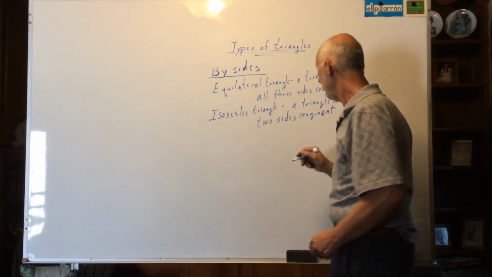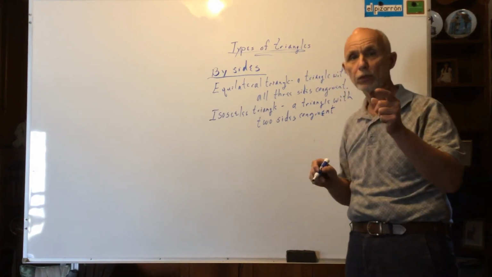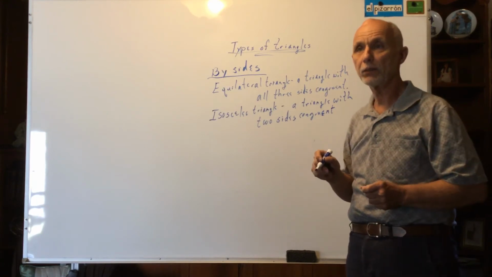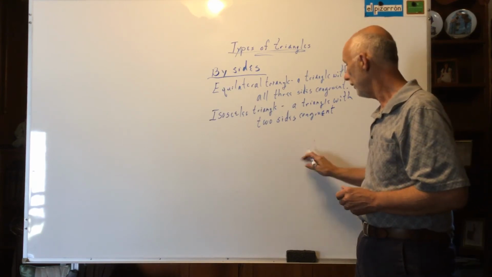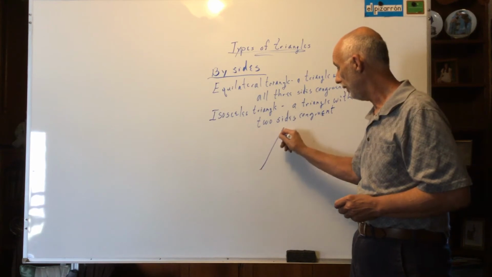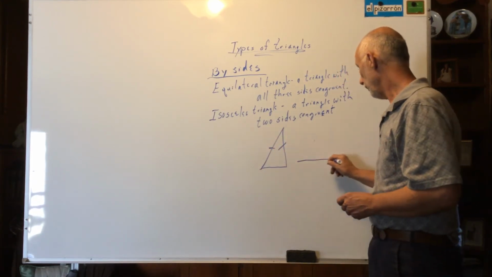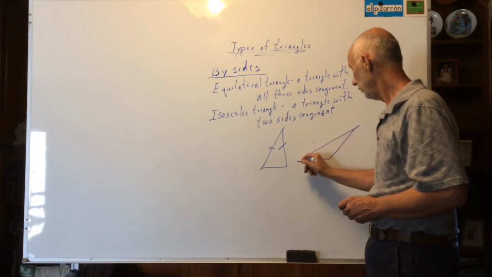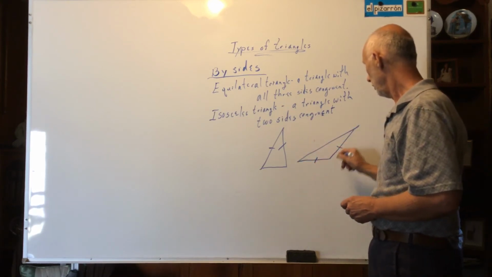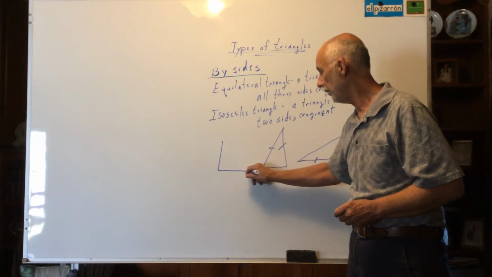All right, and again, since those little line segments through the sides make them congruent, it would be one that had two lines. You could have one like this. You could actually have one like this. Or you could have one like this.